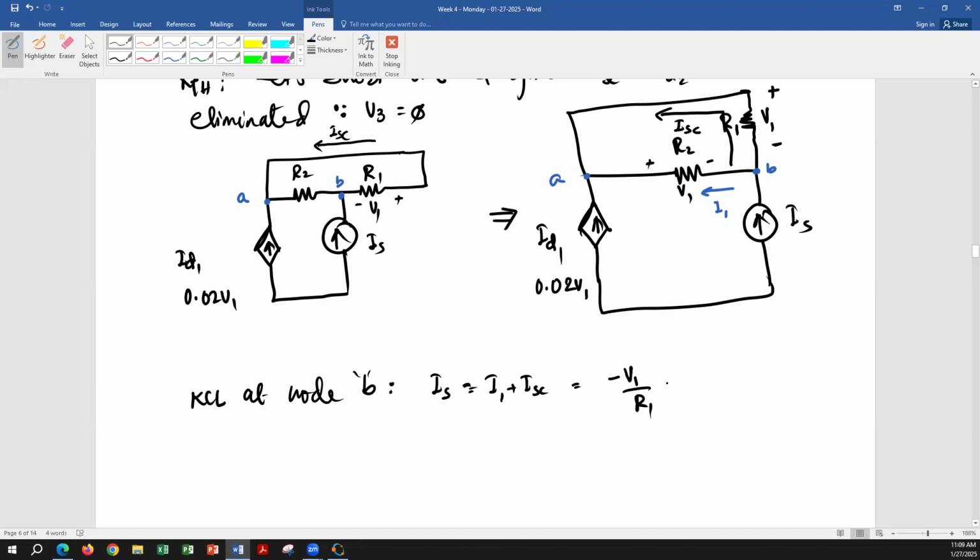And likewise, short circuit current is going to become, once again, negative V1 over, this is R2, sorry, not R1, over R. And from that, we can find the value of V1, I source divided by negative 12.